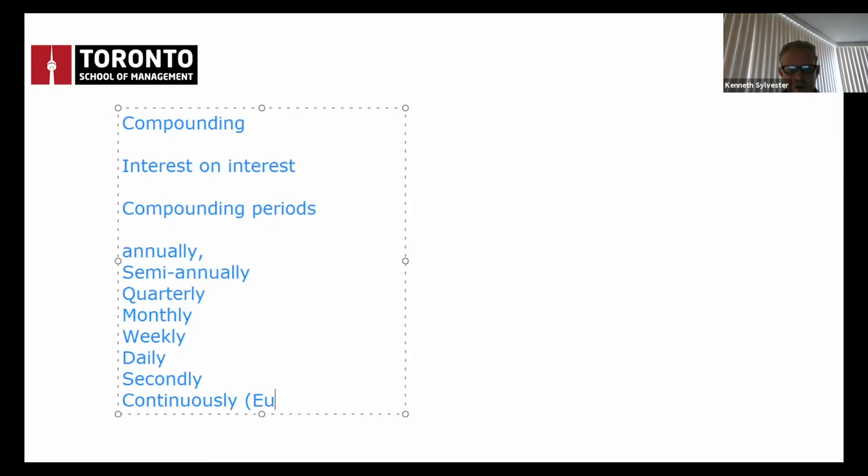And that would be Euler. Anyway, so just know that we can have different compounding periods, okay? But if it's not stated, then it's just assumed that it's compounded annually.